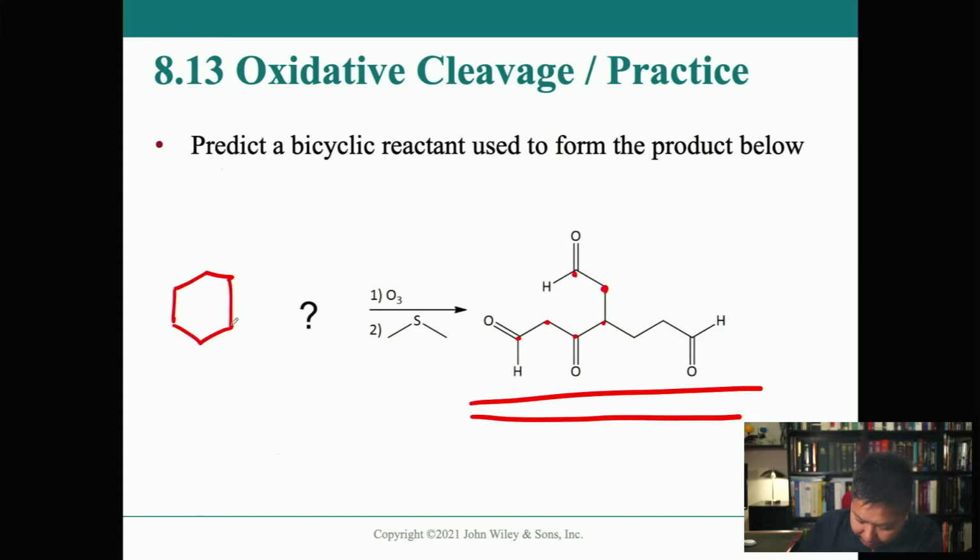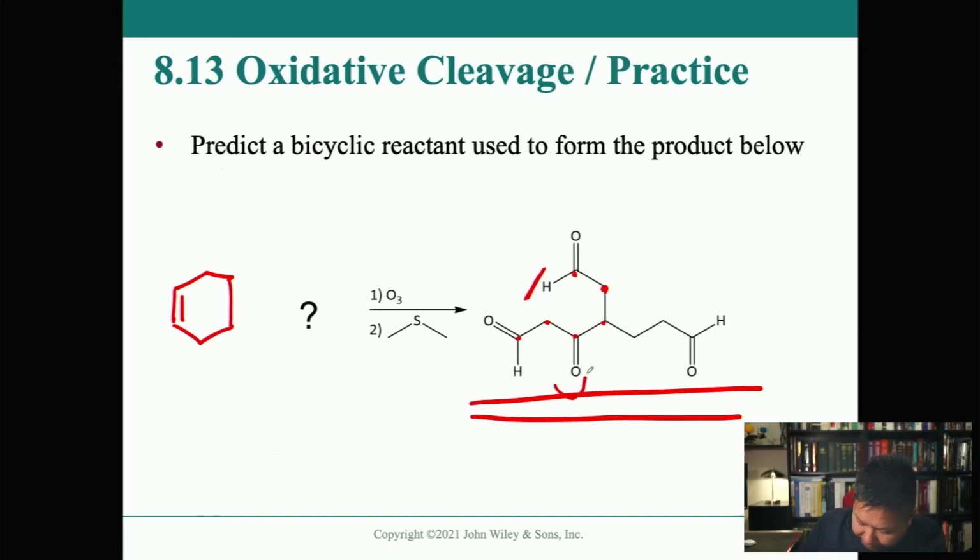It looks like the double bond was between this carbon here and this carbon over here. So that's where the double bond will be on the cyclohexane, or I guess it's called cyclohexene now.